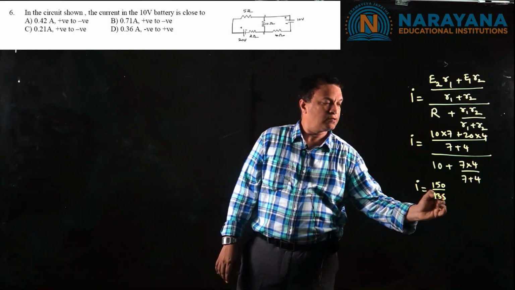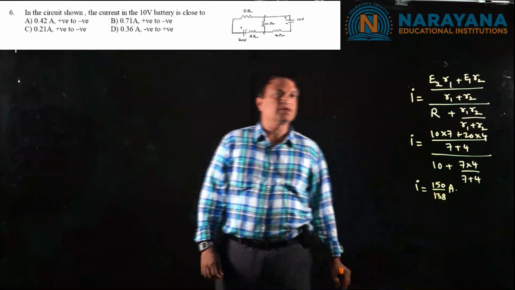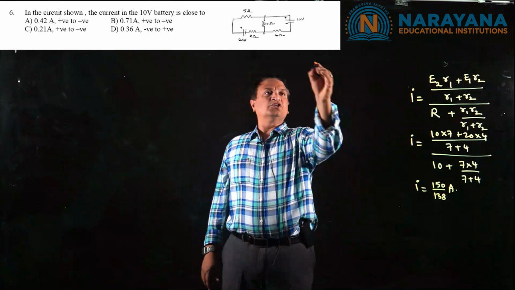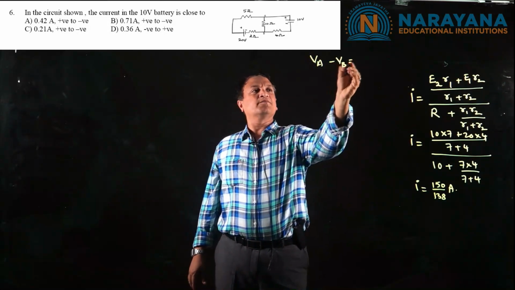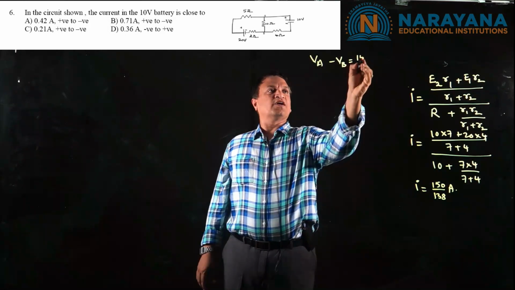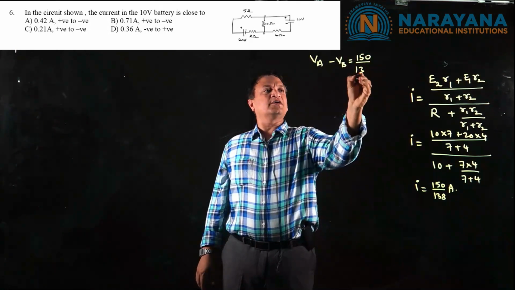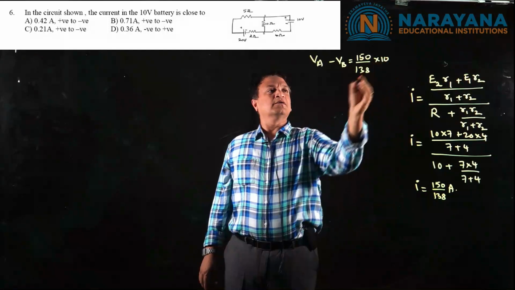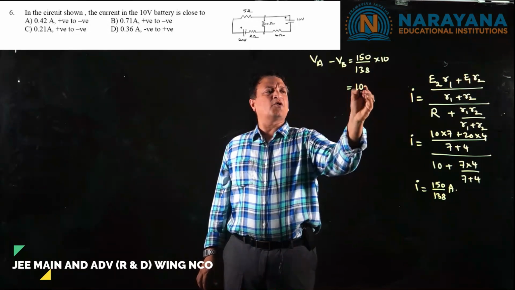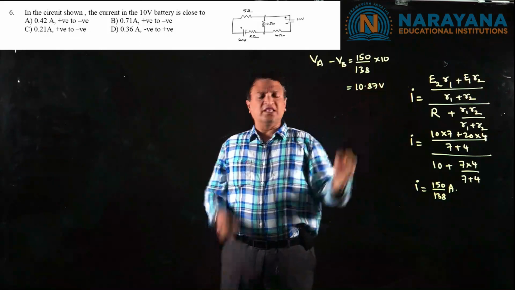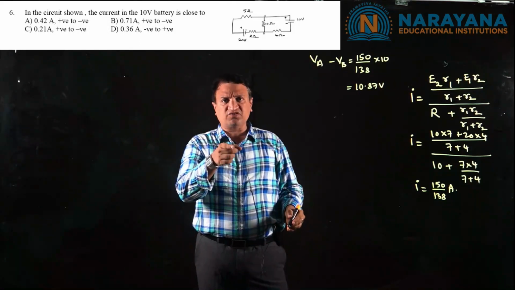138 amps. Now, this gives the potential drop across VA and VB, which is 150 by 138 into 10, nearly 10.87 volt. By the way, in the question also they have clearly mentioned nearly.